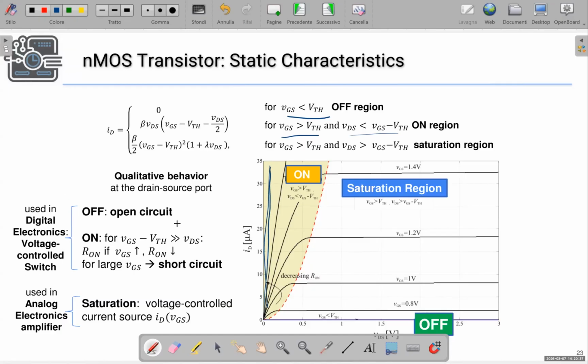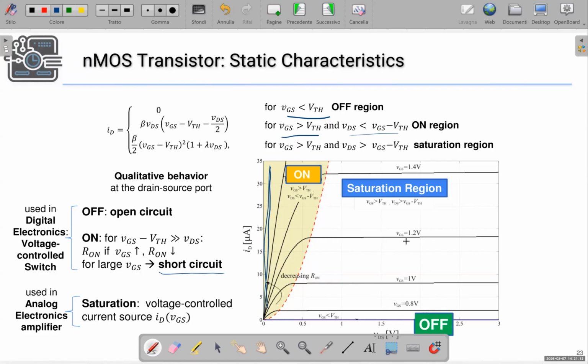These two operating modes, open circuit off switch for low gate source voltage, on switch, small resistor tending to a short circuit when the gate voltage is high enough, are exploited in digital electronics to implement voltage-controlled switches.